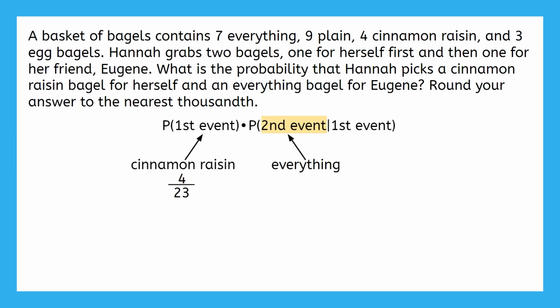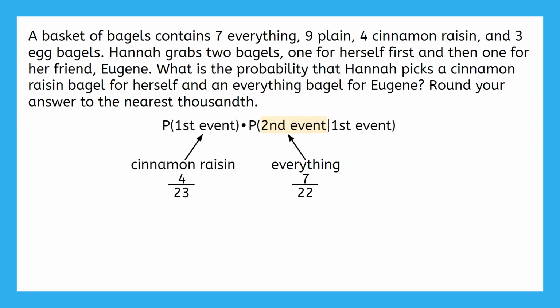Did Hannah already picking out a cinnamon raisin bagel affect what's left in the sample space for Eugene? Yep, there aren't 23 bagels left anymore. 1 cinnamon raisin bagel is gone, so now there are only 22 bagels left. Of those 22 bagels, there are still 7 everything bagels because Hannah hasn't touched those yet. So we have a probability of 7 over 22 for our second event.